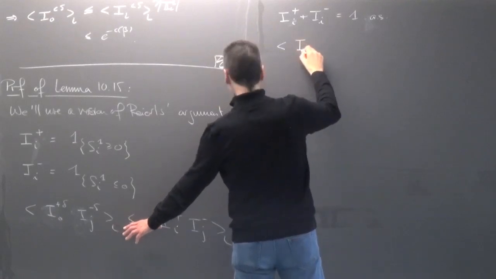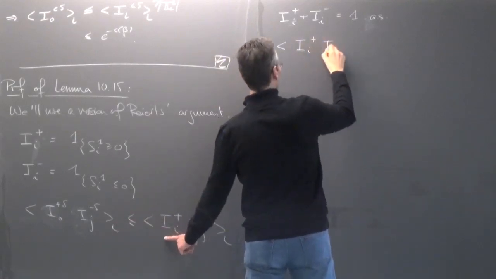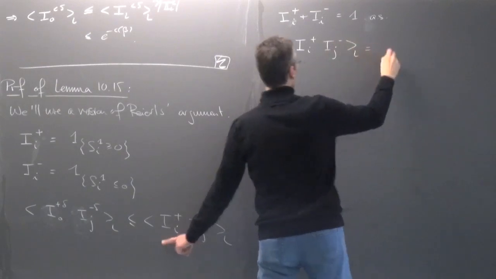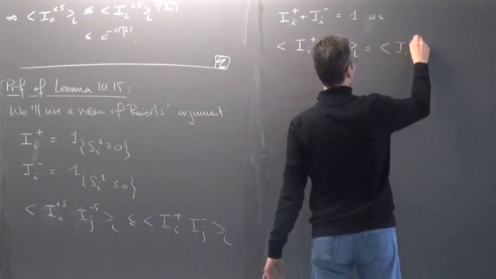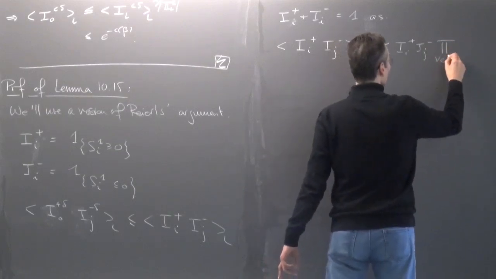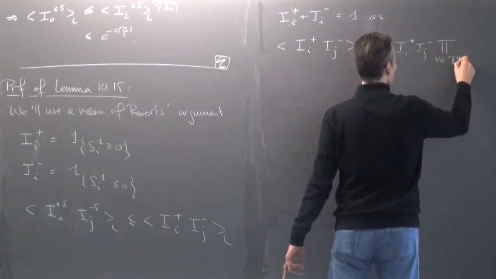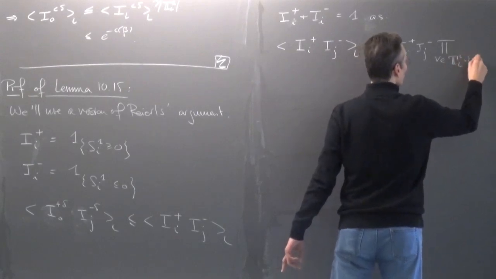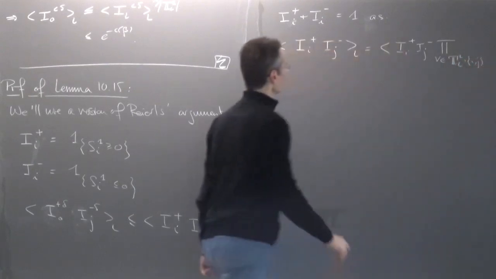And then you write I plus ij minus, can write it as follows. So it will be I plus ij minus, and then product over all V in the torus, say different from 0 and j.